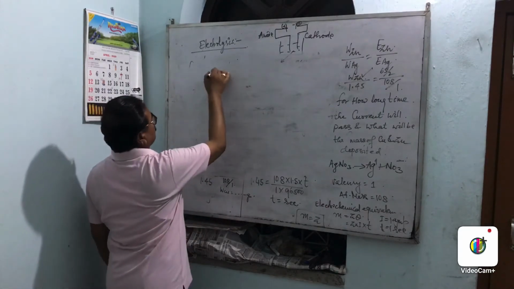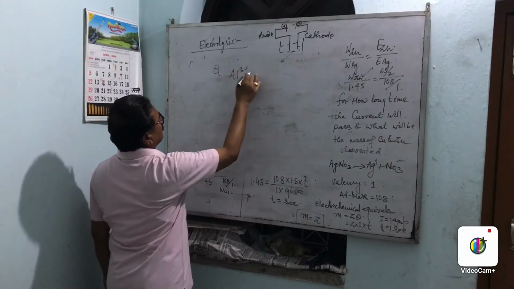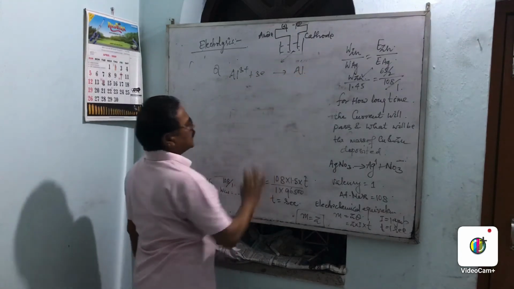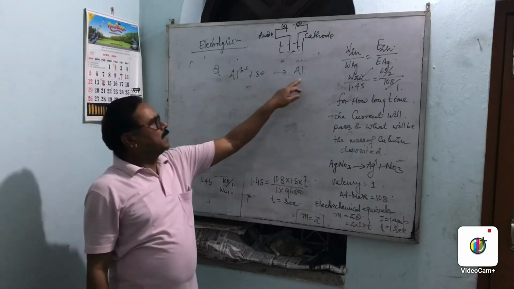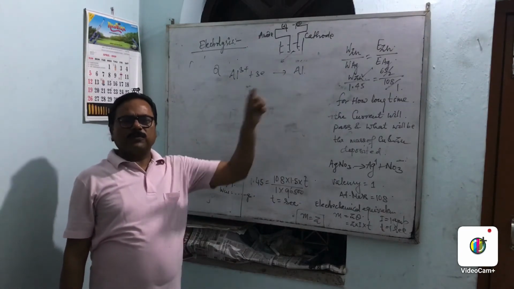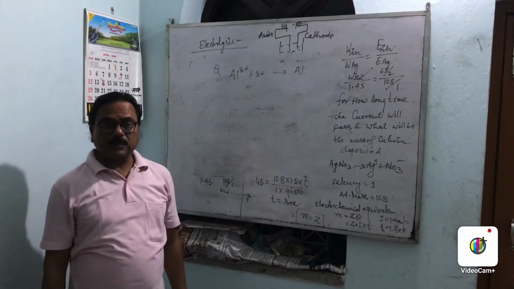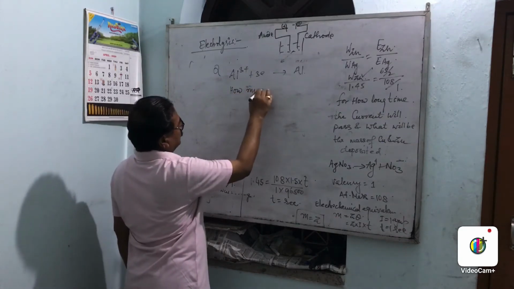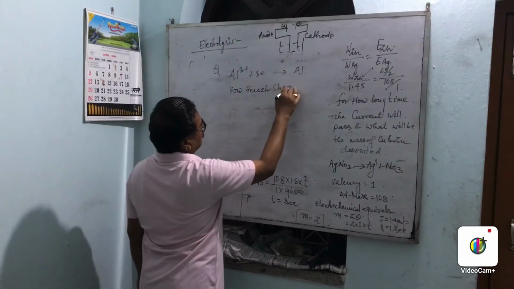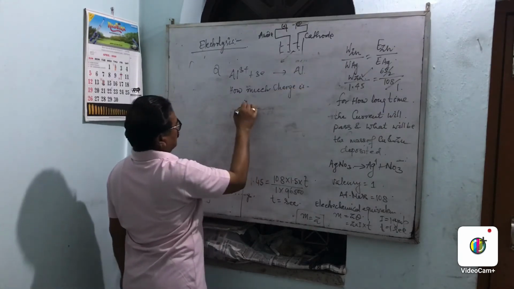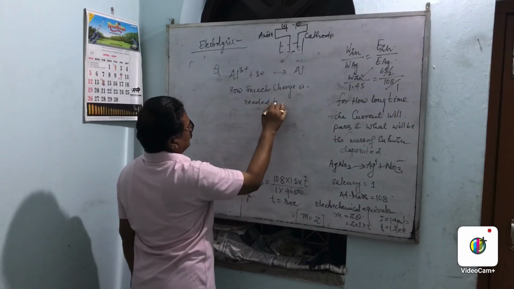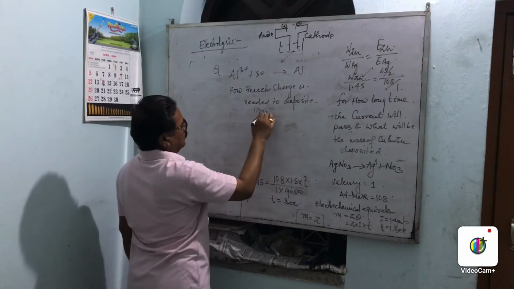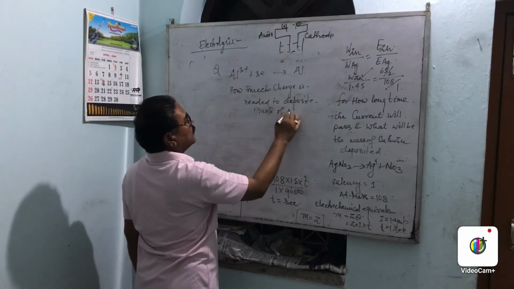Suppose Al3+ is given, and the question says: how much charge is needed to deposit 1 mole of aluminium?